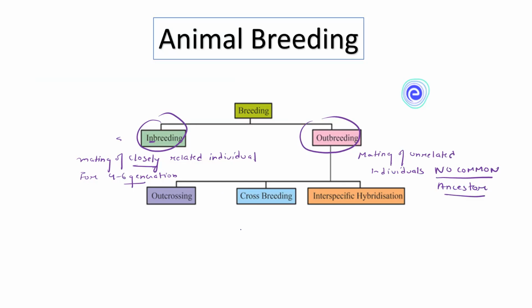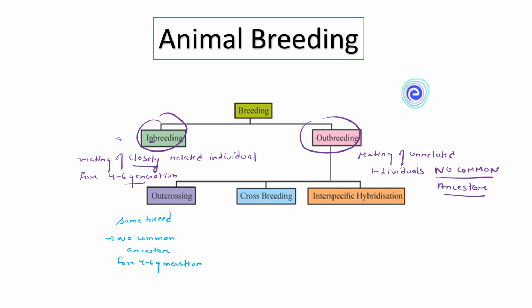So outbreeding is of three types: outcrossing, crossbreeding, and interspecific hybridization. In outcrossing, the breed is the same, but there is no common ancestor for 4 to 6 generations.